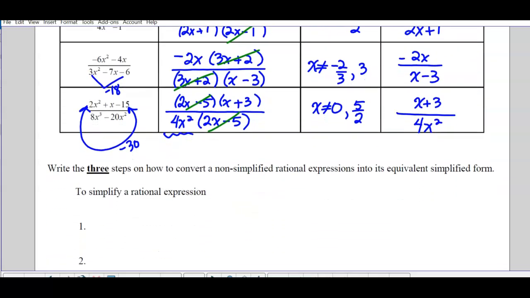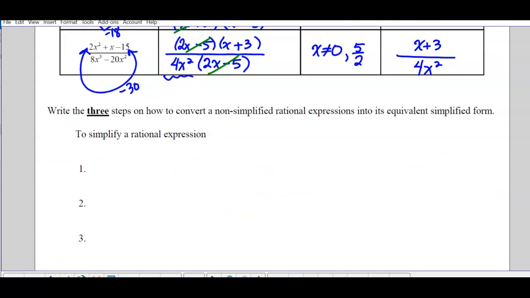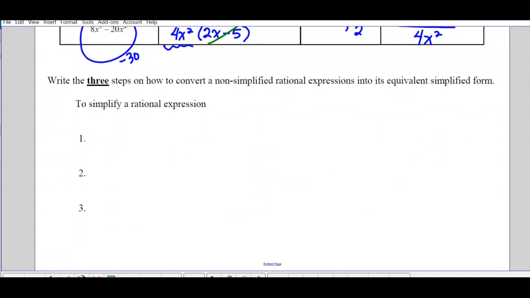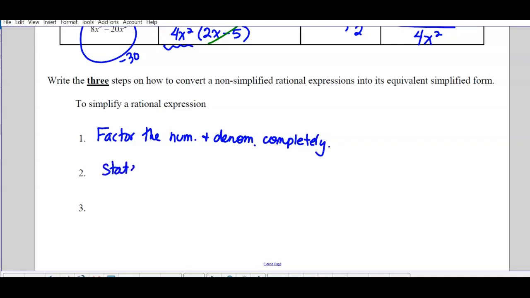Okay, so lots of factoring. So it says write 3 steps on how to convert a non-simplified into its equivalent simplified. So first, factor the numerator and denominator completely. State your restrictions from the factored denominator.